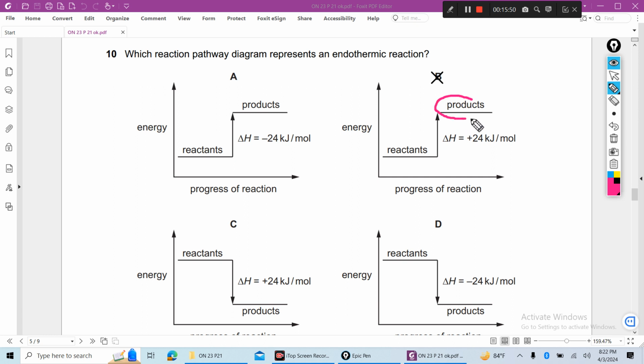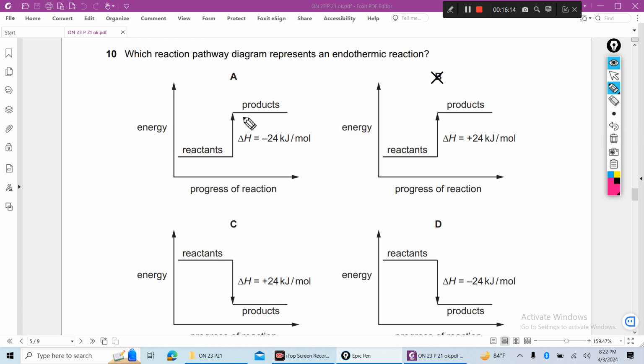If the product has more energy than the reactant, that reaction is endothermic. And also for this reaction, delta H value, the energy difference between reactant and product, is plus 24. This is endothermic, that's why plus.